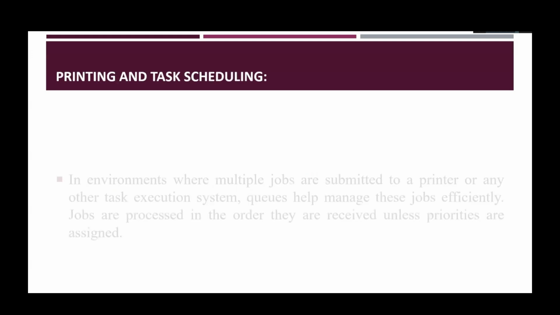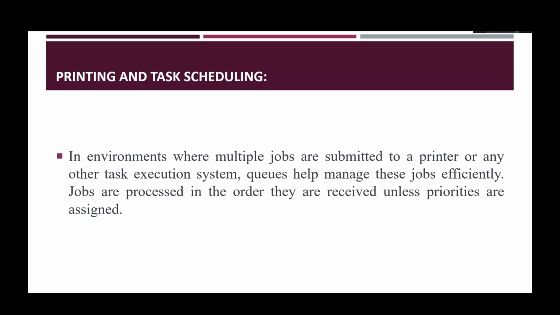Printing and task scheduling: in an environment where multiple jobs are submitted to a printer or any other task executing system, the queue helps to manage these jobs, because on the basis of priority, it processes and completes the operation.